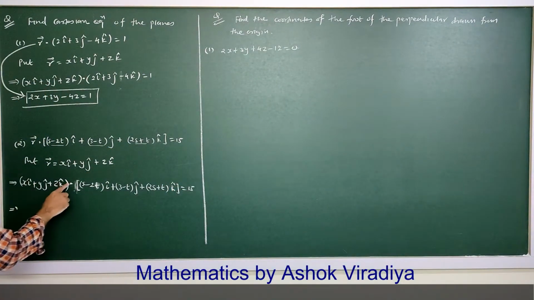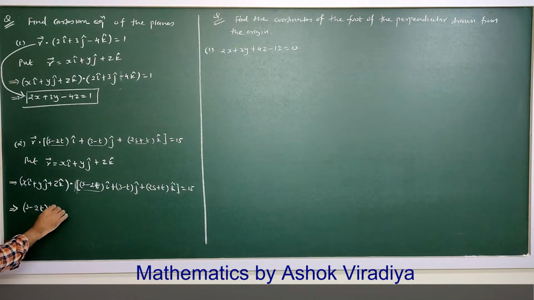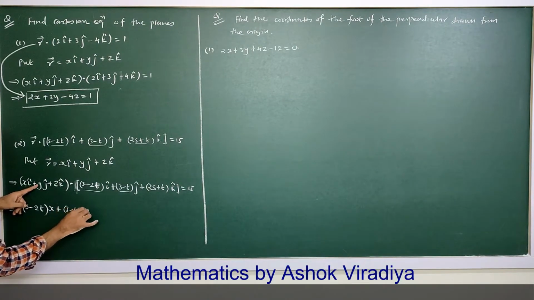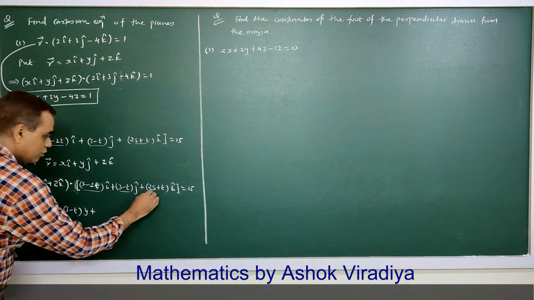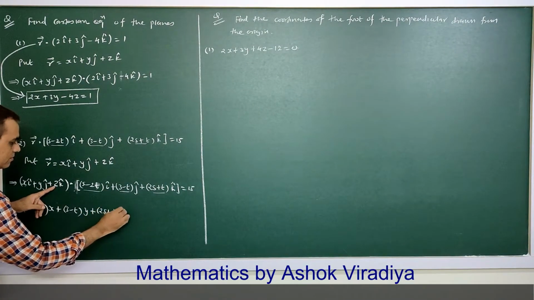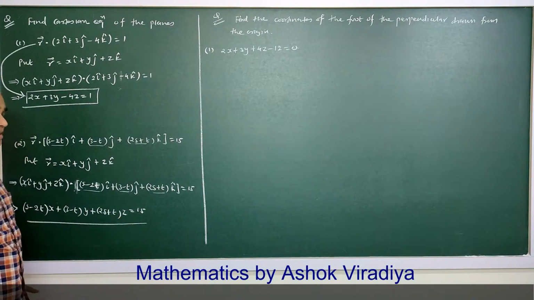Now taking a dot product of these two vectors: s minus 2t times x plus 3 minus t times y plus 2s plus t times z equal to 15. This is the Cartesian equation.